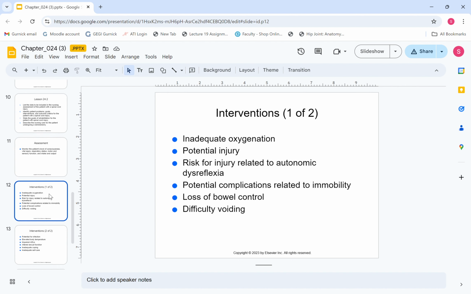All right, interventions, inadequate oxygenation. Okay, remember, if we have an injury above that C5, we're very worried about oxygenation, especially if they're on a ventilator, right? We're going to have a readout that's telling us everything going on with the ventilator.